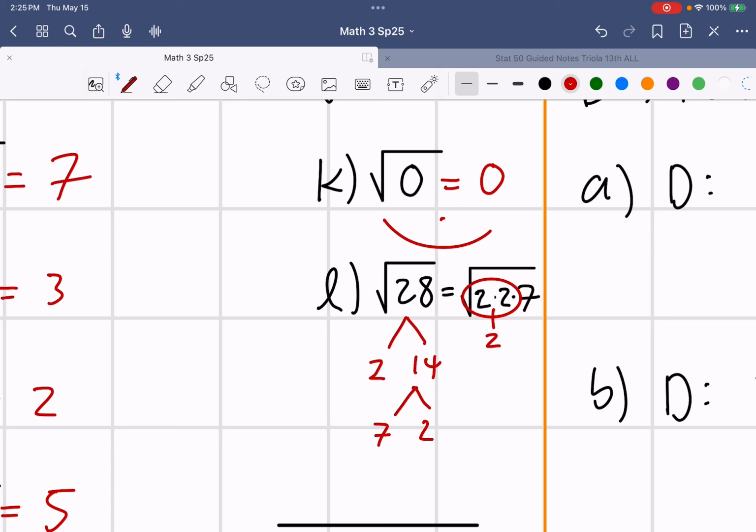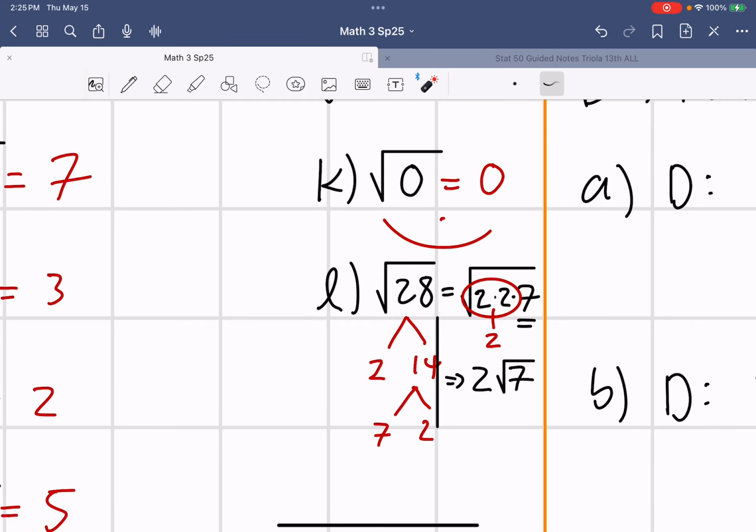That group of 2's could simplify outside of the radical, but the 7 remains inside, which allows us to write this in a, I don't know if it's simpler, but a different version of this number. The numbers, we can write them smaller.